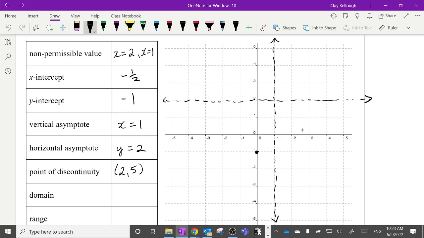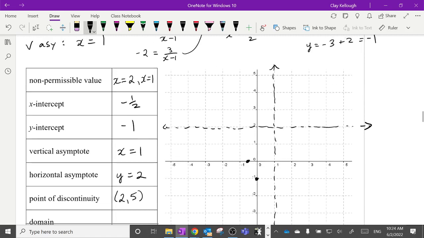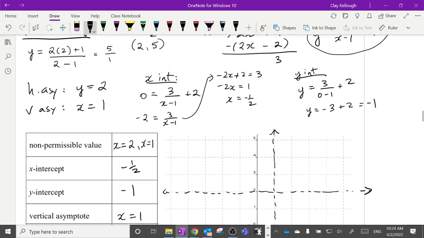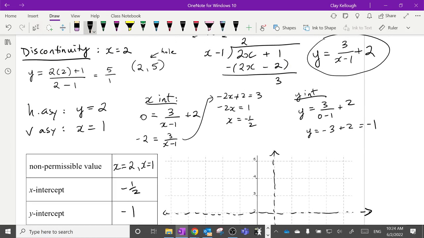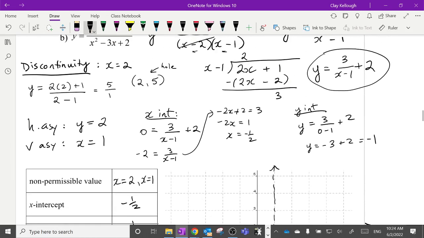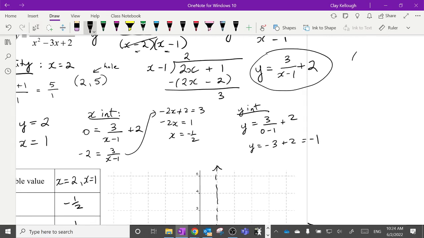I have an x-intercept of -0.5. Oh, it's another one of those situations where both of the intercepts are on one arm. I'd kind of like a point on the other arm. What's the other way I could find points again? I could do mapping, right? I go back to this equation here. And let's pick the point (1, 1) and map it so that we have another point to play with.